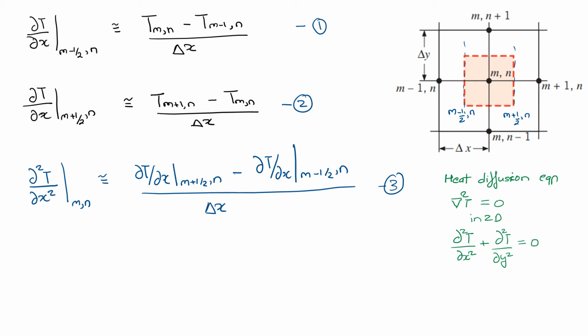Okay, and this is because we can write our del square T by del x square as del by del x into del T by del x, right? So what I've done is I've just written this del T by del x here in the form of del T by del x's, which is here. Okay, and let's say that is equation 3.